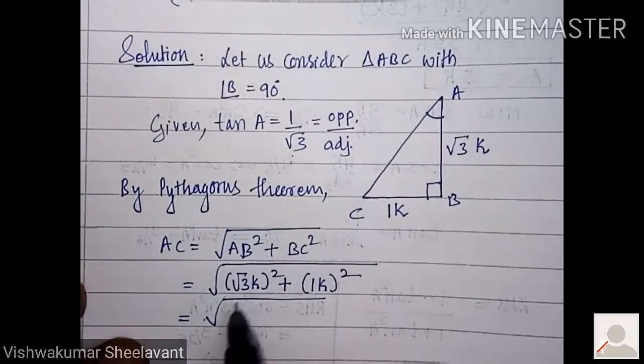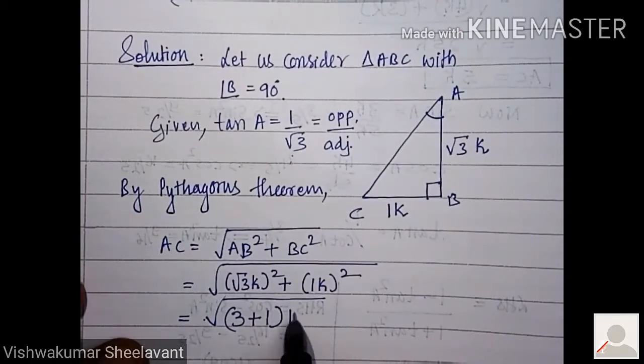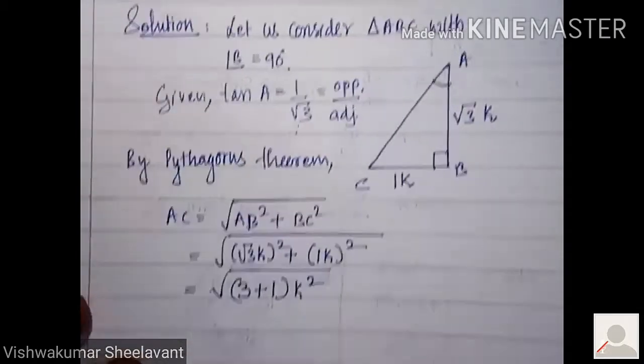Root 3 whole square is 3 only, 1 whole square is 1 only. Outside the bracket you write K square.